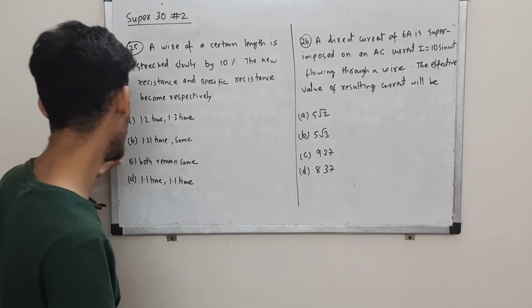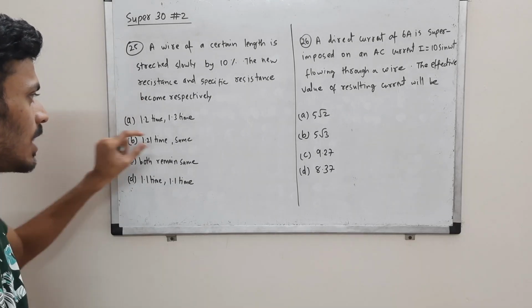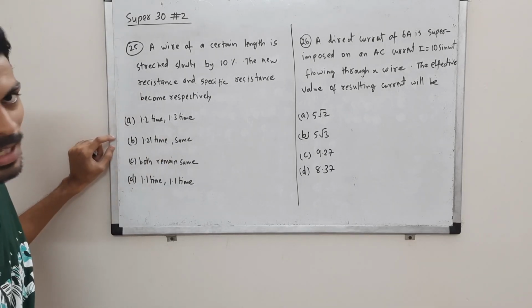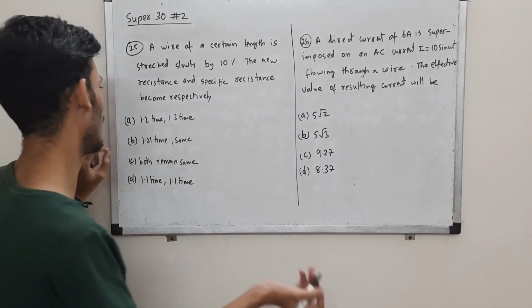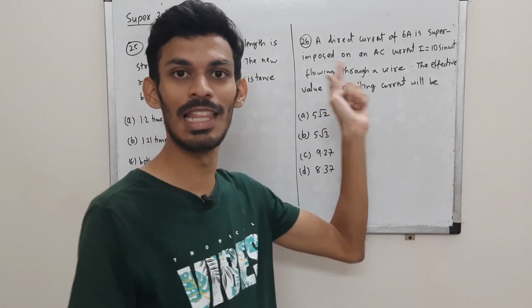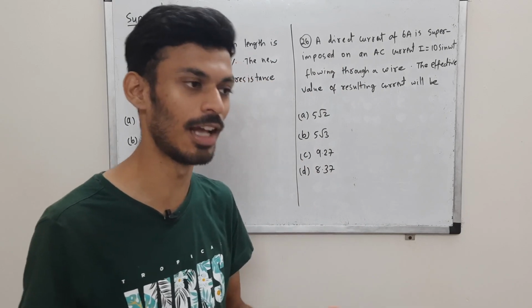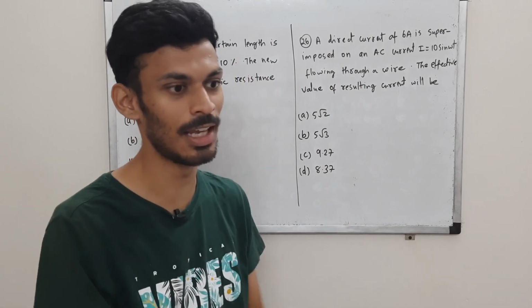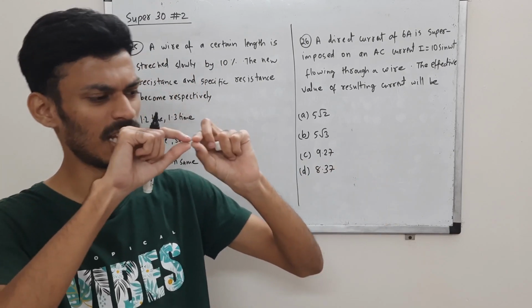So the option is either B or C. Both remain the same, or the resistance will change and the resistivity will remain the same. You can do this question without solving. The resistance will change because the length is changing and the area will also change. They will not counteract each other, rather they will add up. Since you are stretching the wire, the cross-section area will decrease.